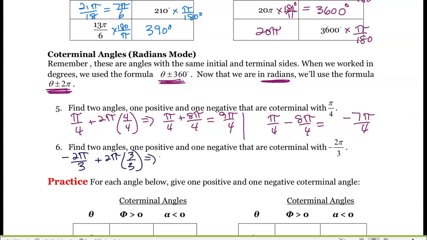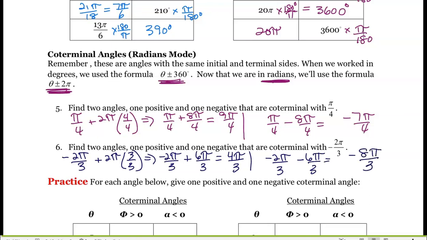So that means I'm taking negative 2 pi over 3 plus 6 pi over 3, and that gives me 4 pi over 3, which is positive, so that's good. Then to get the negative one, I'm going to take negative 2 pi over 3 and subtract 6 pi over 3. That gives me negative 8 pi over 3.